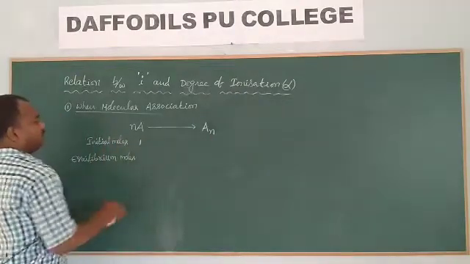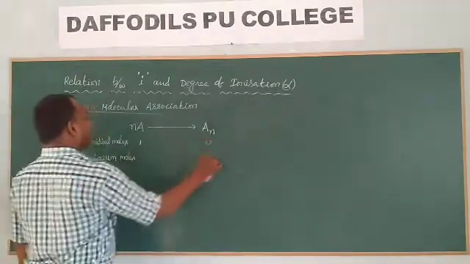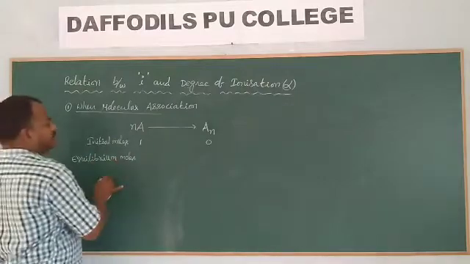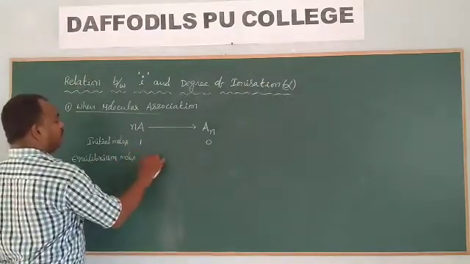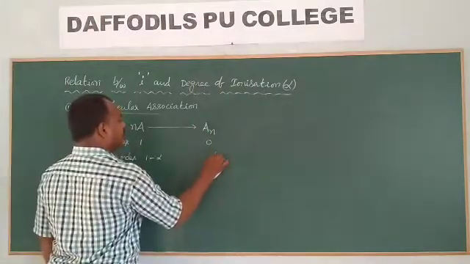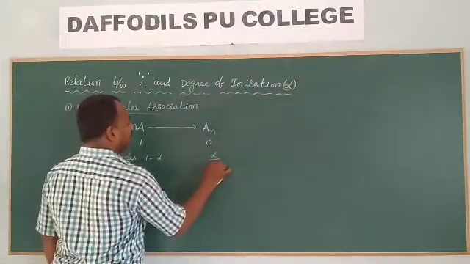Initial moles are taken as 1. Products are 0 at the initial stage of the reaction. At equilibrium, the number of moles is 1 minus alpha. Here, how many moles of product will be formed? Alpha by n.